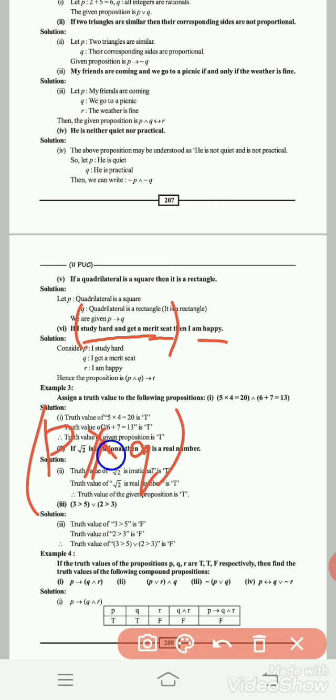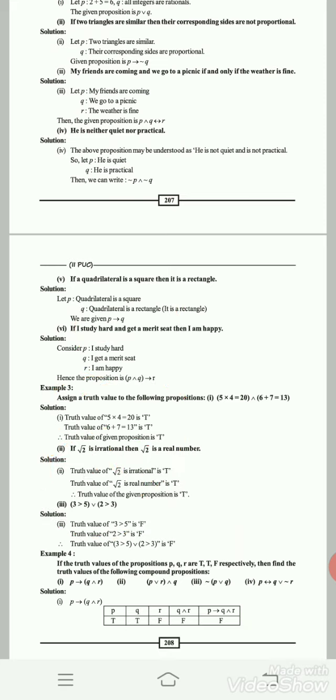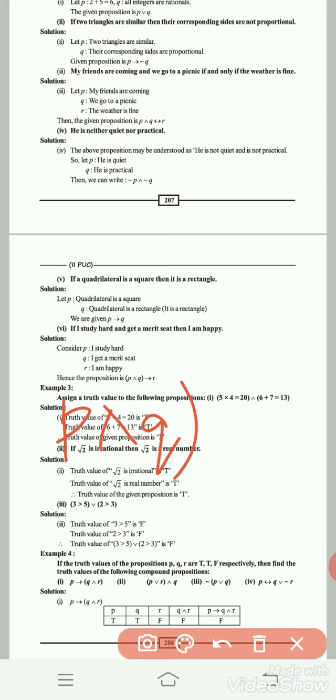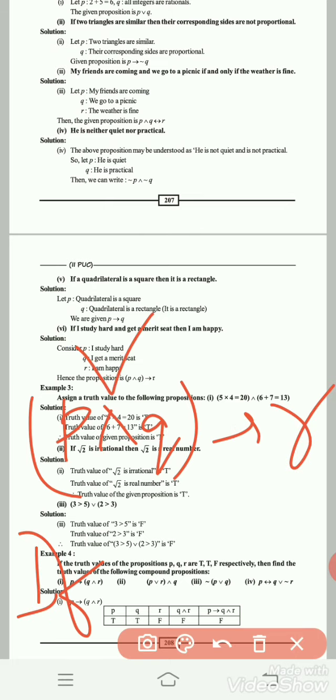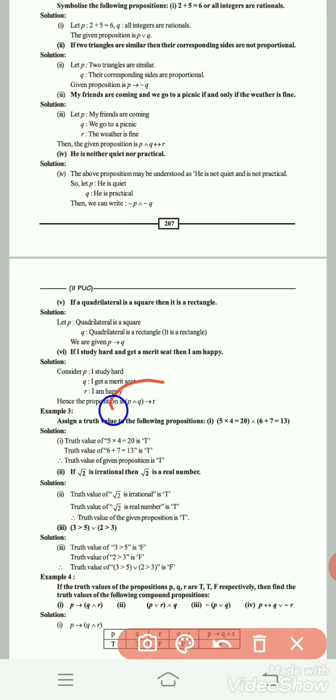P and Q implies R. See here, if I study hard and get a merit seat, the first statement is considered as P and Q, which implies R. P and Q, which implies R. See here, if this statement, then R statement. Therefore, this is the symbolic form of the sixth example.